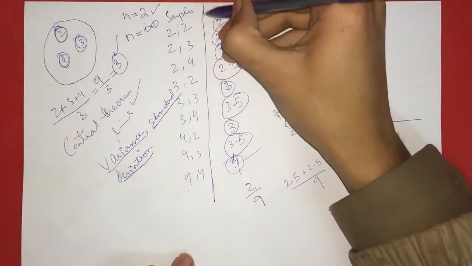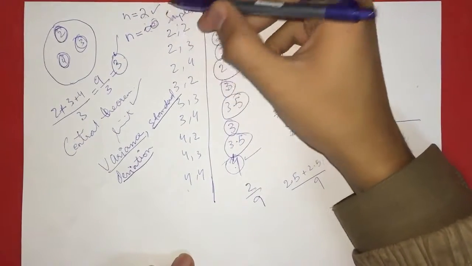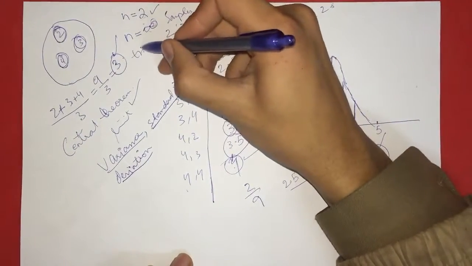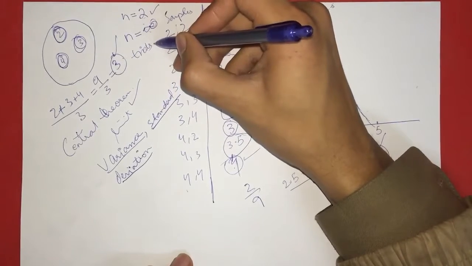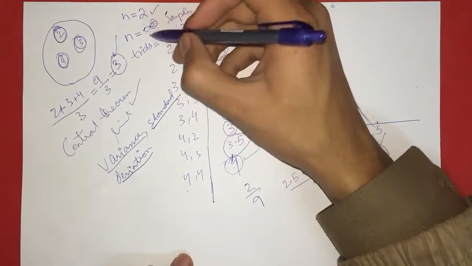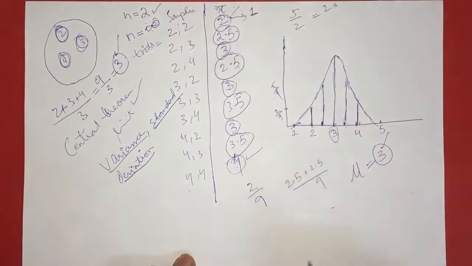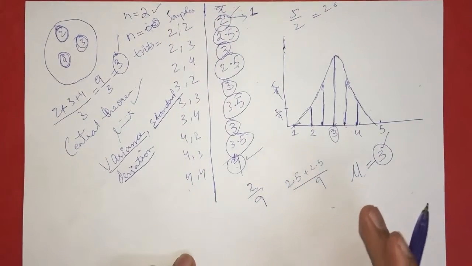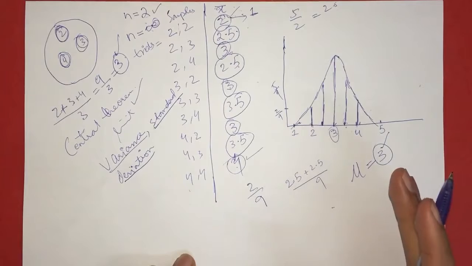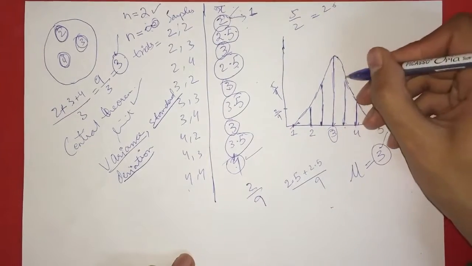But as n approaches infinity, and as your number of samples and size of samples increase, your chances of getting a more normal distribution also increase.